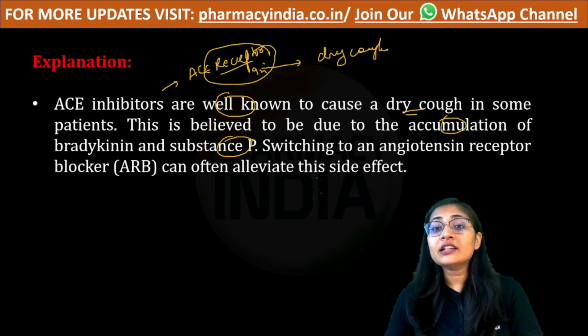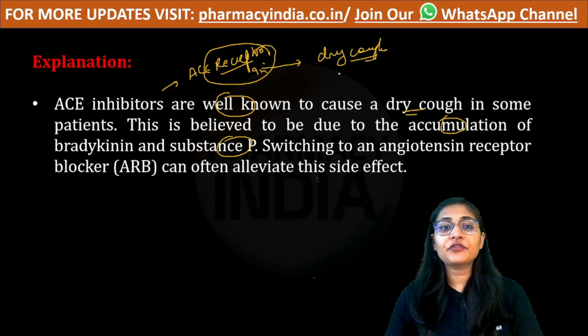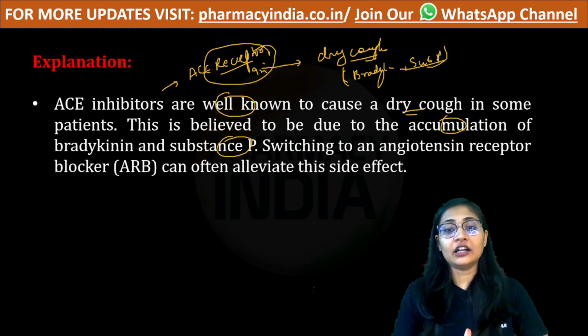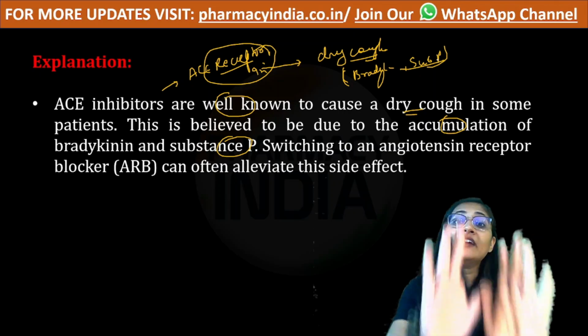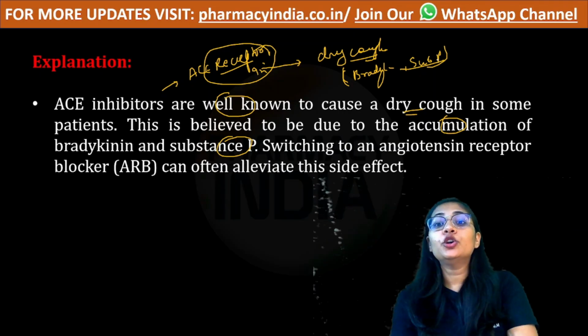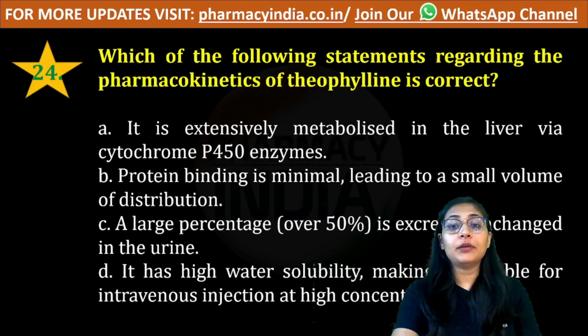You would ask me, how does this dry cough occur? Because it accumulates bradykinin and substance P, this would ultimately lead to dry cough. So to prevent this dry cough, we switch from an ACE inhibitor to an angiotensin receptor blocker.